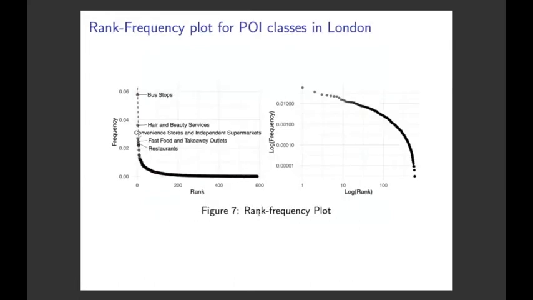As I said before, the reason why people apply this natural language processing technology to the POI datasets is because we see the similarity between natural languages and the POI datasets. So if we plot the rank and the frequency for the POI classes, we'll see a distribution like this.